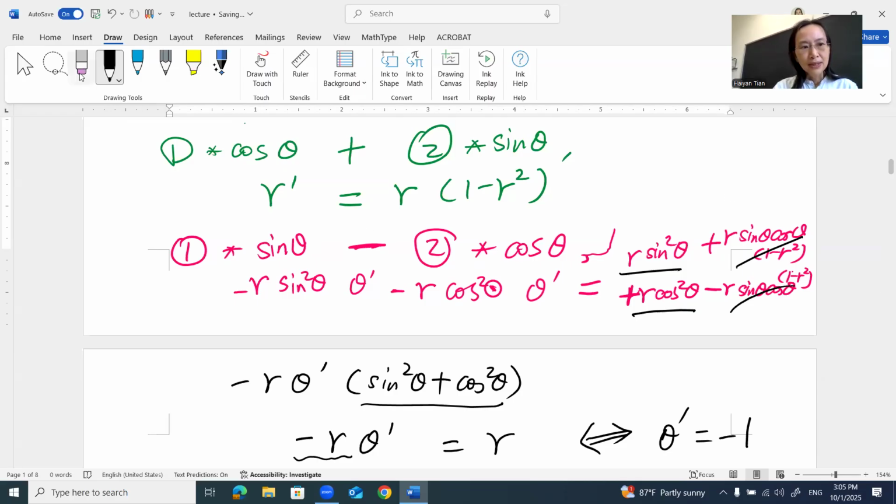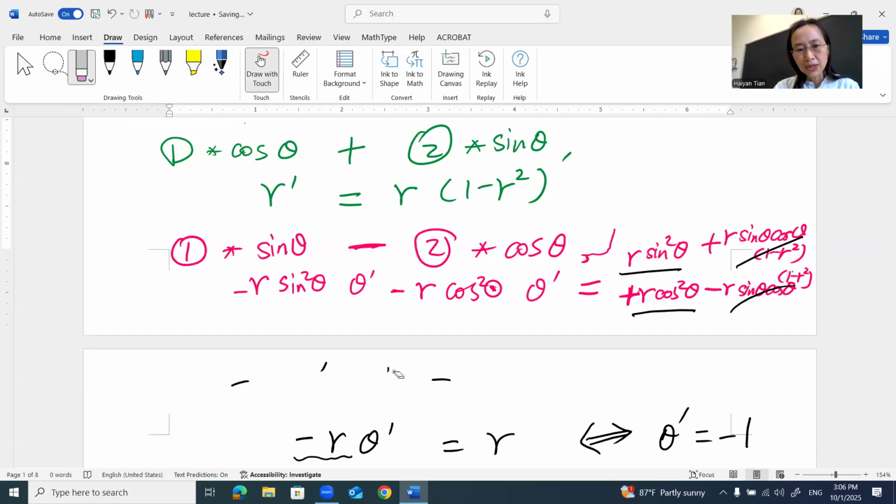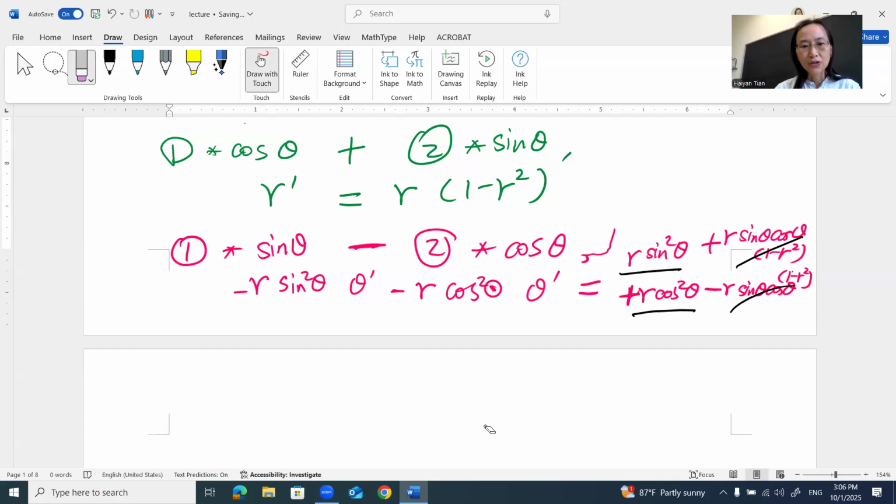And let's look at the reduced form. So the equation is now reduced. I will just keep the very clean form so we can see the normal form differential equations in terms of r and theta. So here is theta prime equals -1.